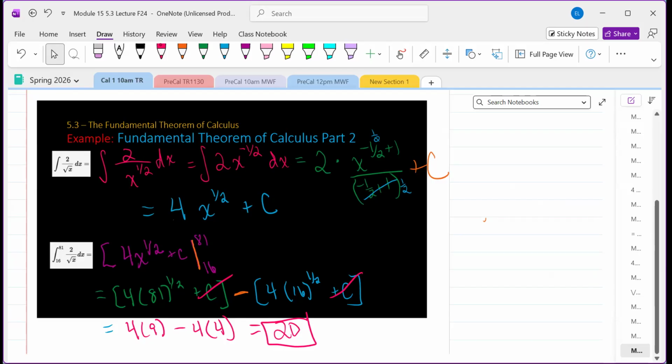So the area under 2 divided by the square root of x from 16 to 81 is 20 units. 20 square units. Sorry, it's an area.